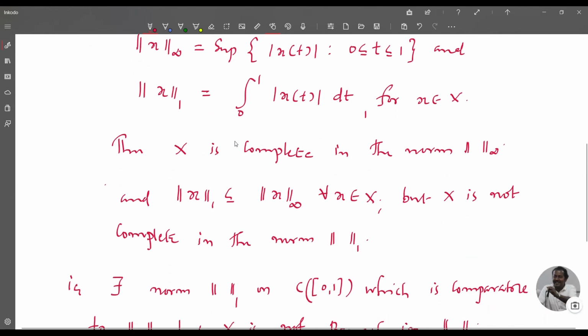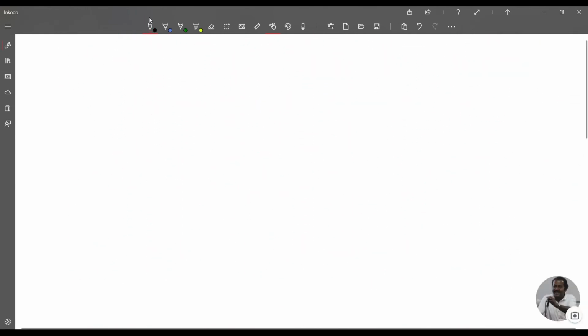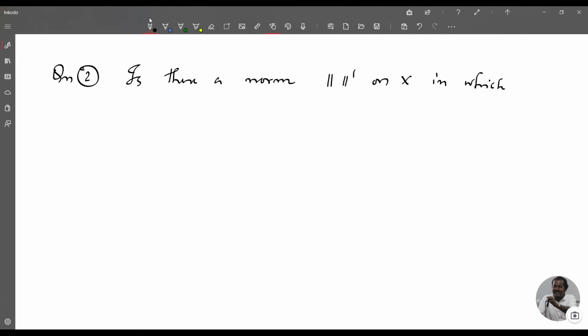Now we can pose the second question. Question number 2, is there a norm dash on X in which X is complete but which is not comparable to the norm?